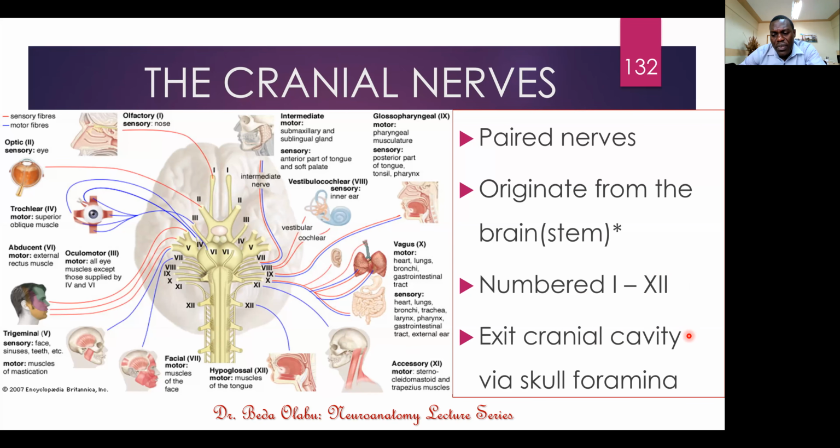They exit the cranial cavity via various skull foramina. We talked about foramina of the skull some time back, and I gave you an assignment to go check on which structures pass through which foramina. That assignment is now required of you today. So these cranial nerves exit the cranial cavity through various foramina, and we'll be talking about those foramina shortly.